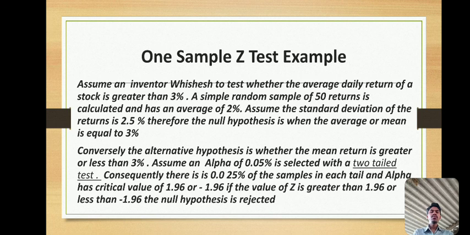If the value of Z is greater than 1.96 or less than minus 1.96, the null hypothesis is rejected.